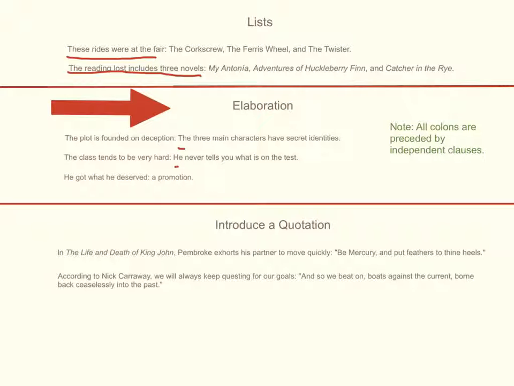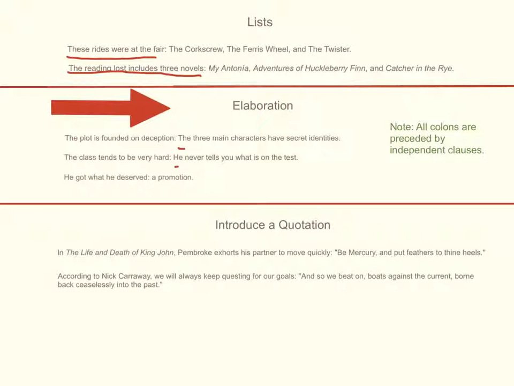Not that that's necessarily the reason to use it, but I think it looks a little bit classier, a little bit better, and so I use the capital letter after the colon when what follows the colon is an independent clause. So that's the only time that you can use it. You could not use a capital letter here because you don't have an independent clause following the colon. So that's all I'll say on elaboration.